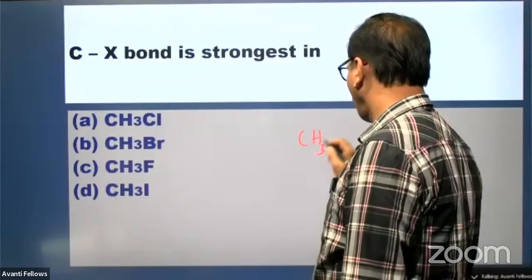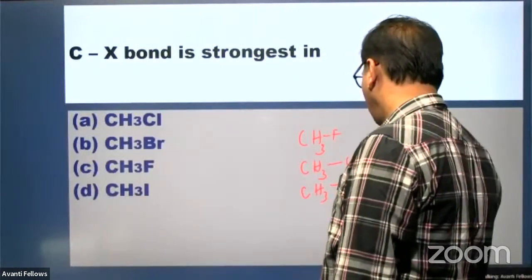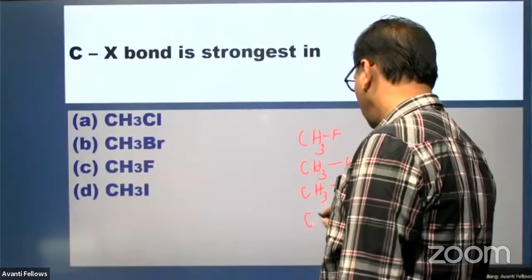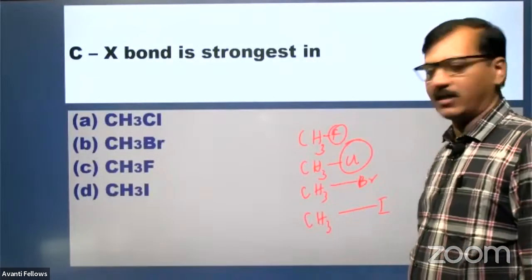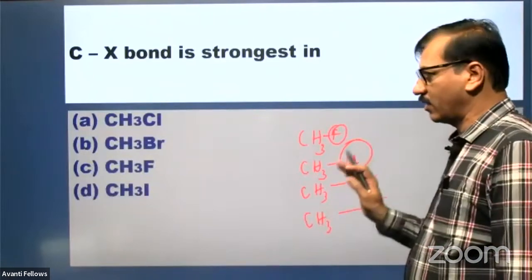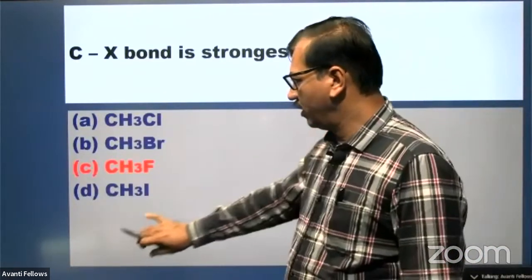CH3F, CH3Cl, CH3Br, CH3I. As the atom size increases from fluorine to chlorine onwards, the bond length increases and the bond strength decreases. So this is the right answer.